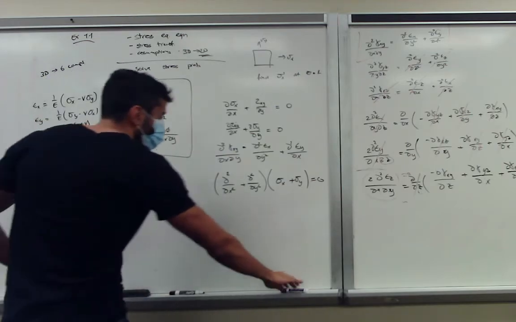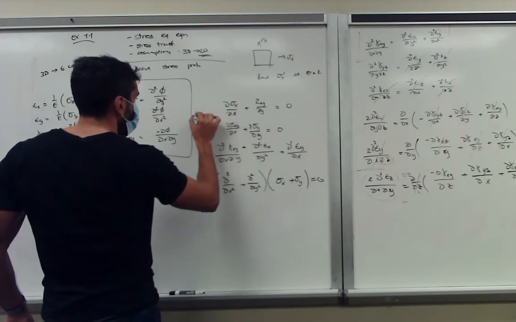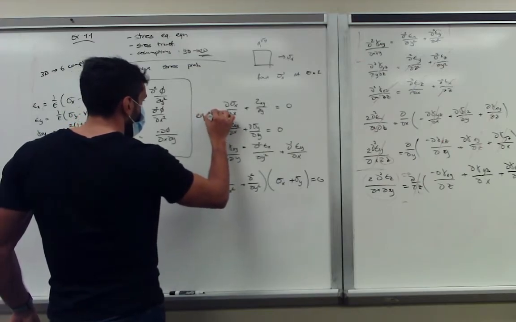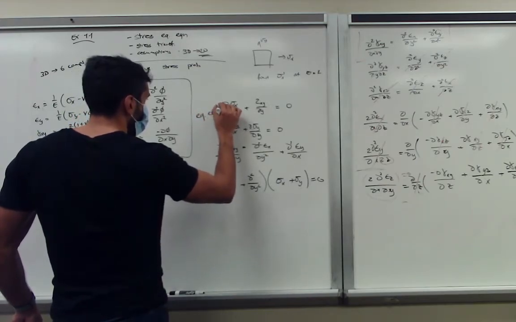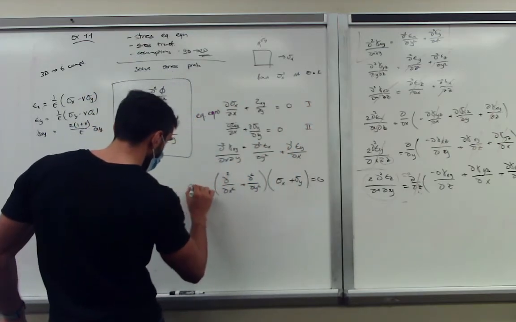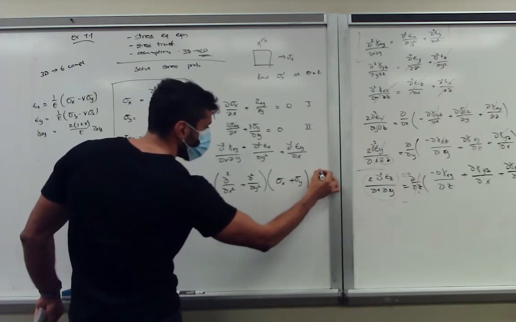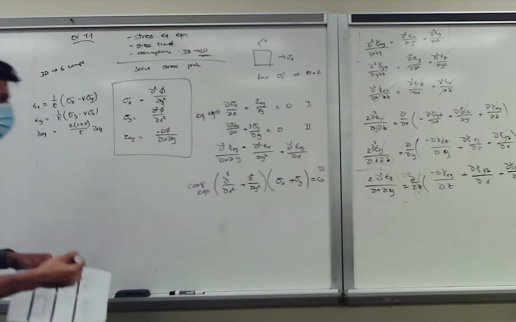So what we get is the following compatibility equation. So we have 3 important equations. These are our equilibrium equations, and this is our compatibility equation. So these are the 3 stresses.